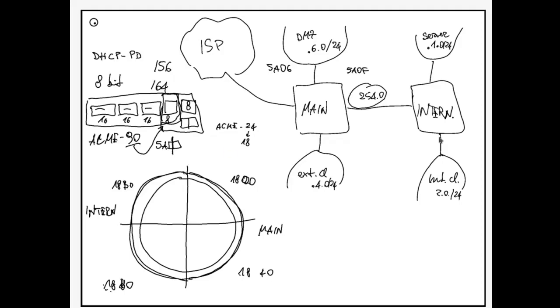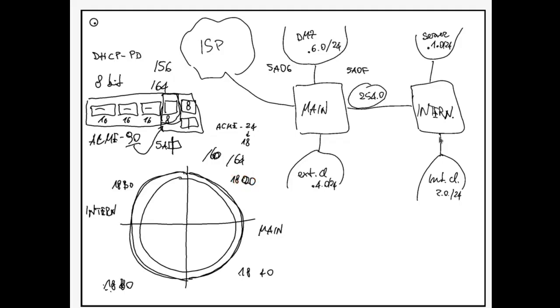All of these networks that we assign will be a /60. But if you remember, the networks that we use in IPv6 are always /64.